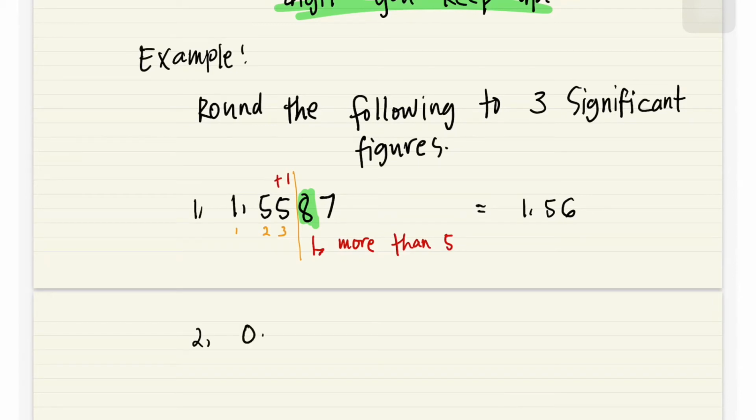Okay? Second example. If you have 0.006245. Now, it says 3 significant figures. Again, focus on the significant figures. So you are going to count here 1, 2, 3.